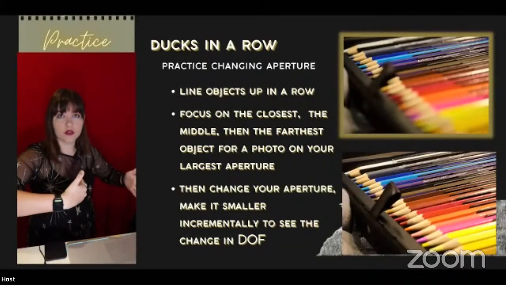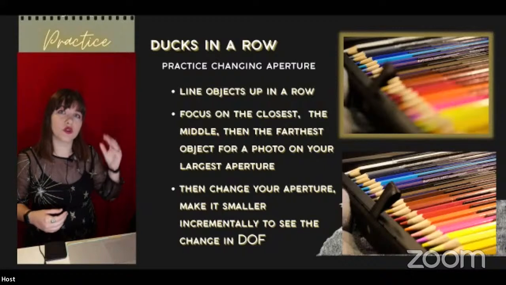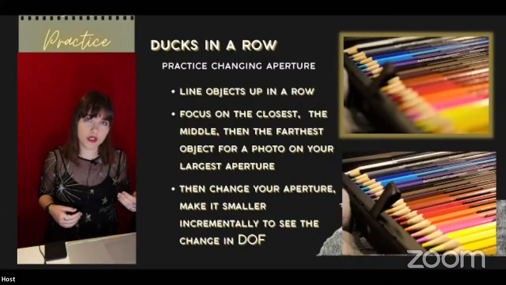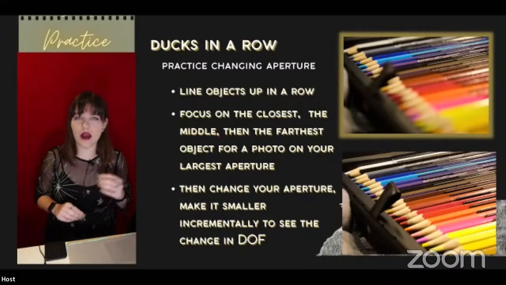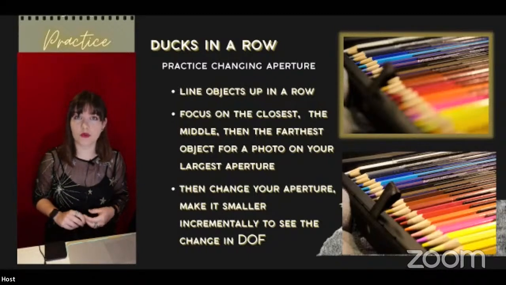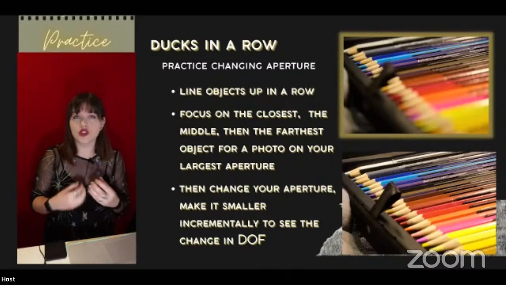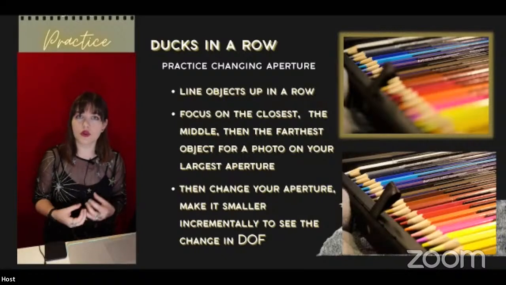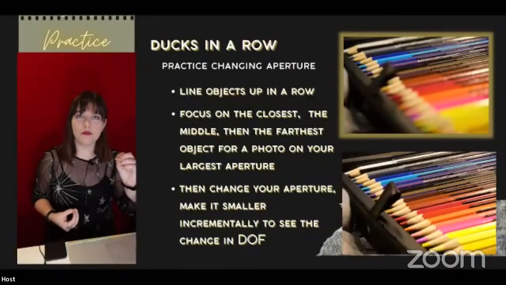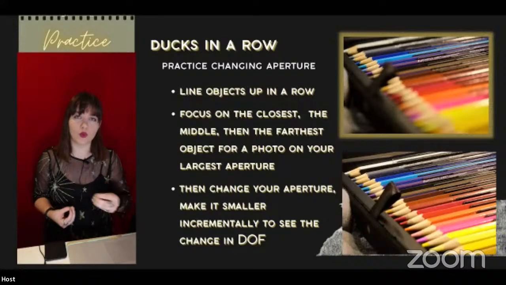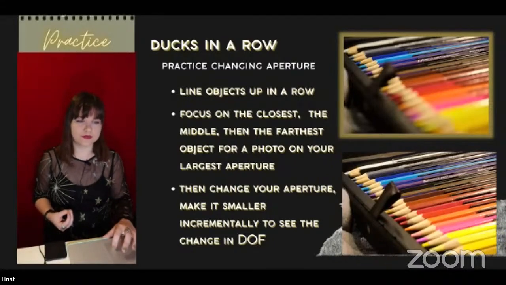Or how much of the image is in focus, how that relates to where you set your focus in your camera, and how your aperture is going to change your depth of field. And as you do that, if you keep all your settings on manual, you're also going to get practice in balancing how much light's coming in with shutter and ISO.